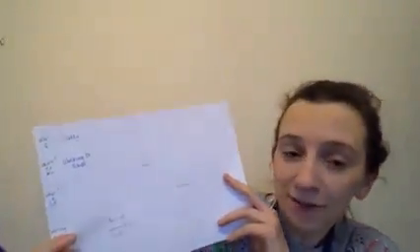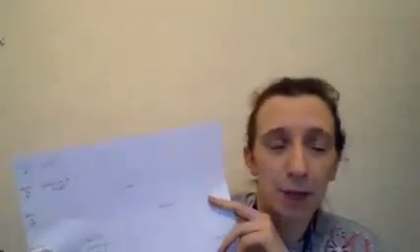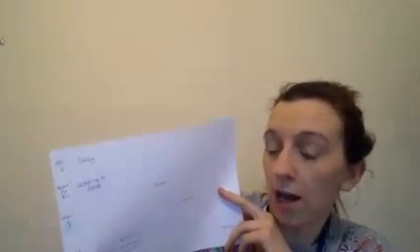Okay, next is my when. And my when for this story, I'm going to set it on a rainy morning. So I'm going to add that in, one rainy morning.